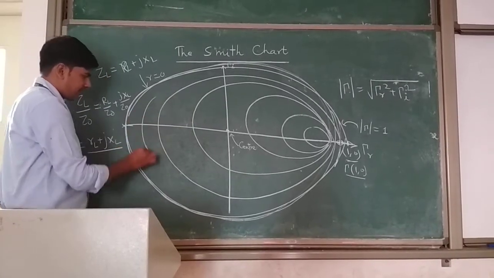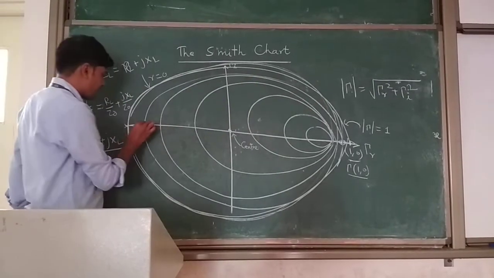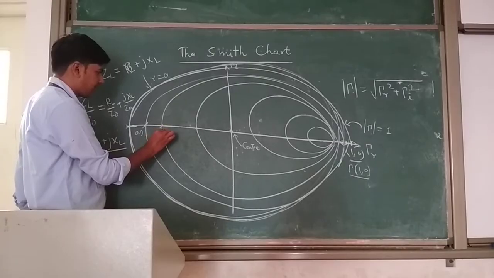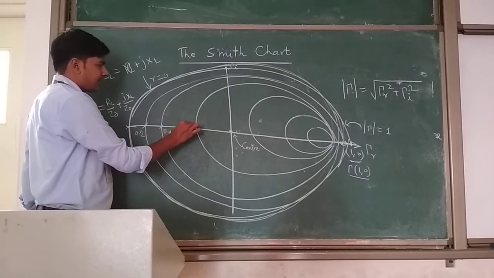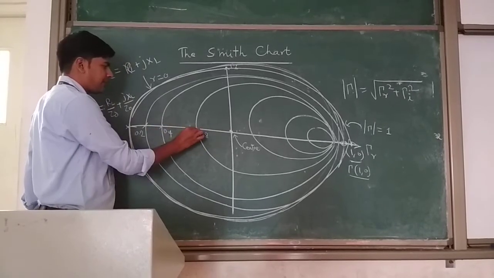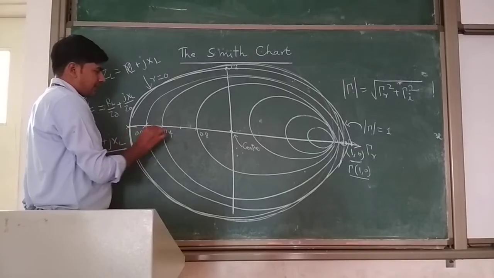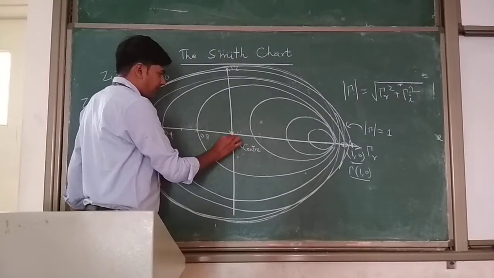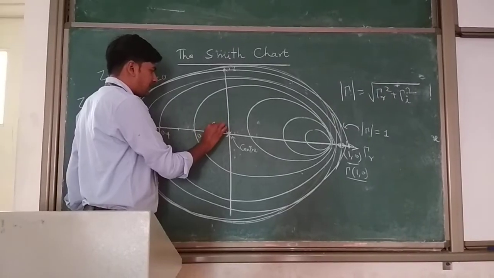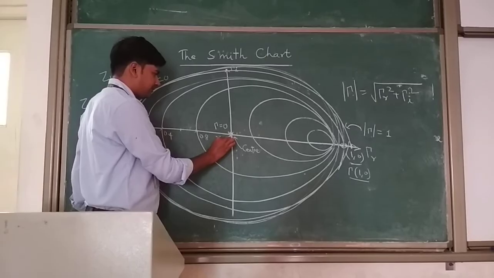So we can say this circle represents, let us say, R equal to 0.2, and this represents 0.4. Similarly, this will represent 0.8. In between 0.4 and 0.8, there will be 0.6. And finally, this point, the center of the Smith chart, where gamma was equal to 0, your R will be equal to 1.